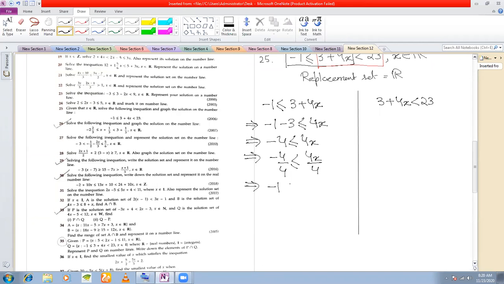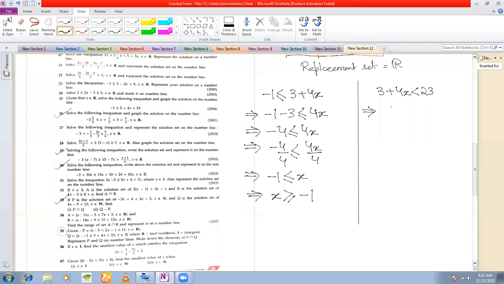I'm getting minus 1 less than or equal to x. Now, if I want x on the left hand side and minus 1 on the right hand side, then I will have to change the sign of the inequality. So that is the first part. Any questions on any step here in the first part? If not, then let's see what the second part is.